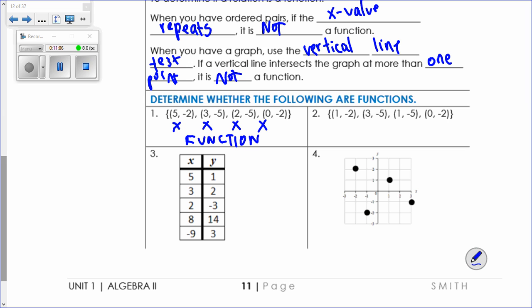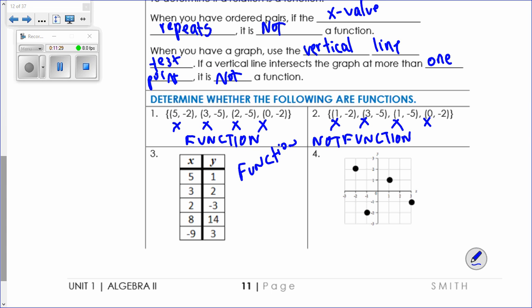Okay. What about number 2? X, x, x, x. Not a function. Why? Because ones repeat. What about number 3? 5, 3, 2, 8, 9. This is a function. There is no repeating x values.